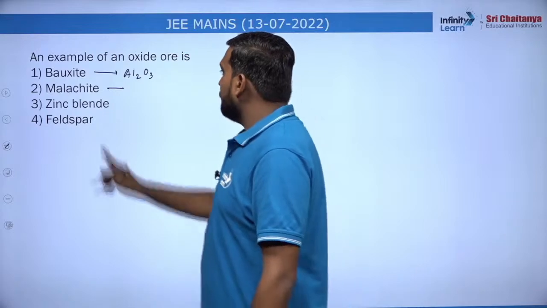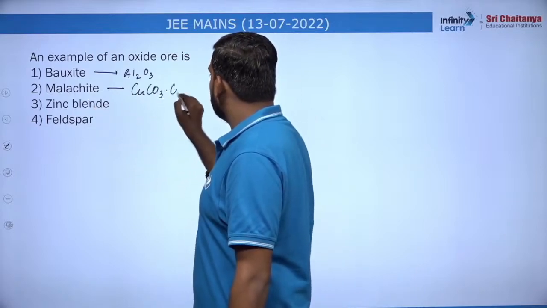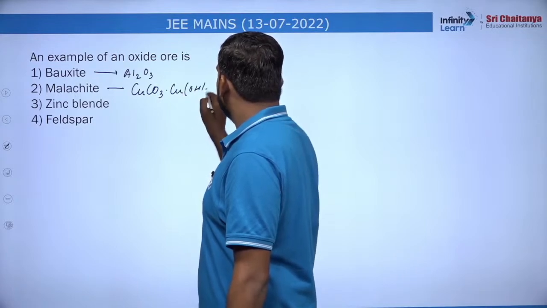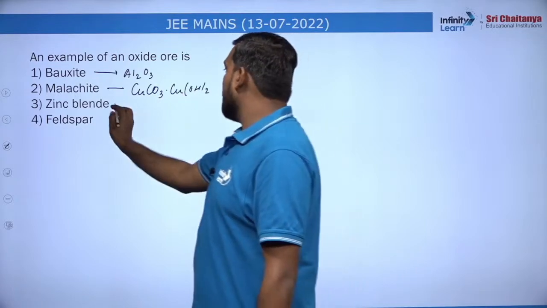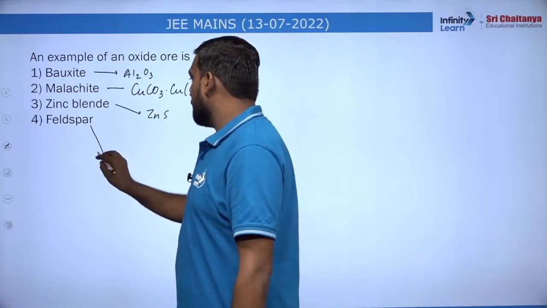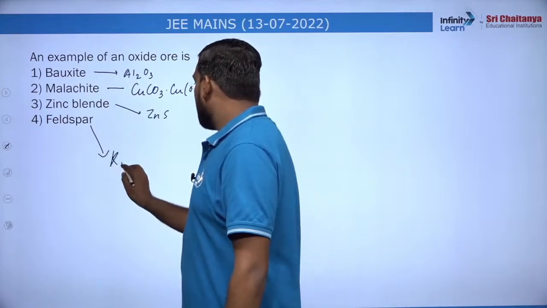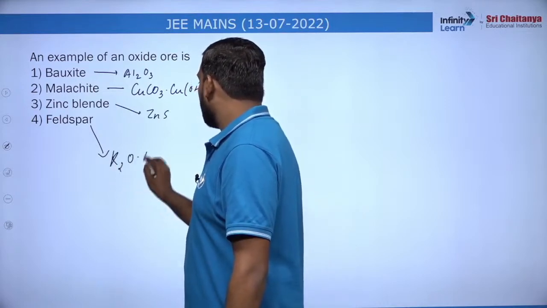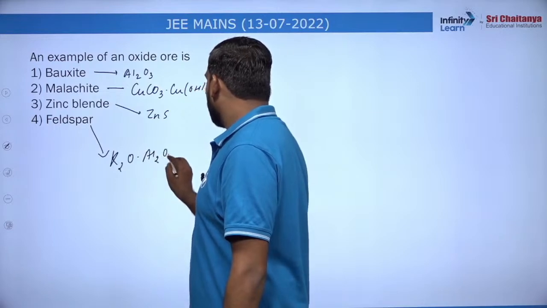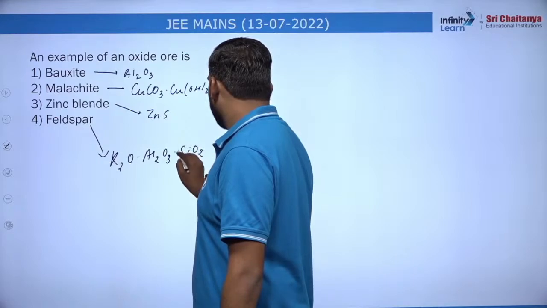The formula of malachite is CuCO3 dot Cu(OH)2. The zinc blende formula is ZnS. And for feldspar, this is where the hallucination happens. The formula is K2O dot Al2O3 dot SiO2, that too 6 times.